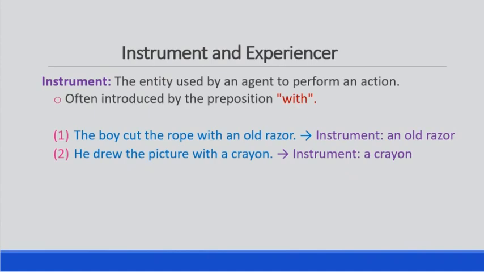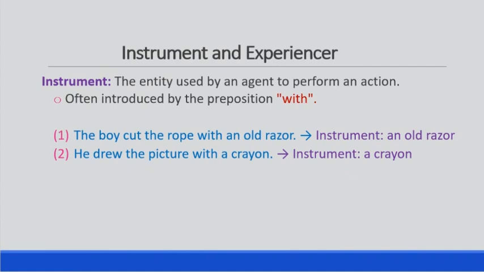Instrument and experiencer. Okay, so what is instrument? The entity used by an agent to perform an action, often introduced by prepositions, for example, with. So instruments refer to anything used by an agent to perform an action. For example, the boy cuts the rope with an old razor.